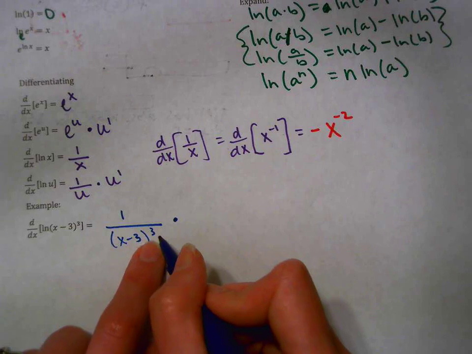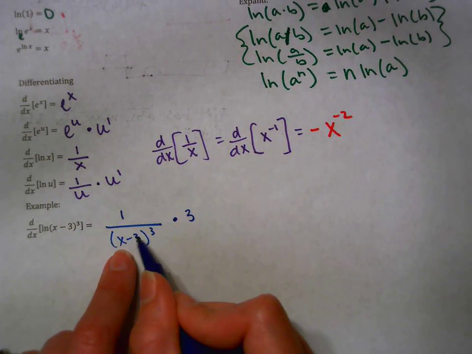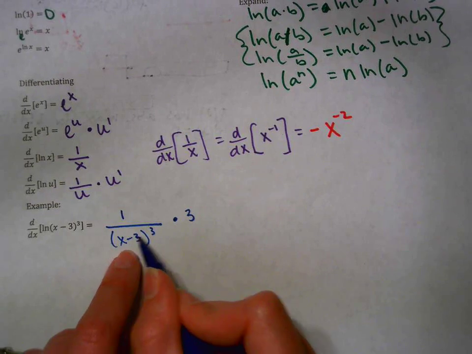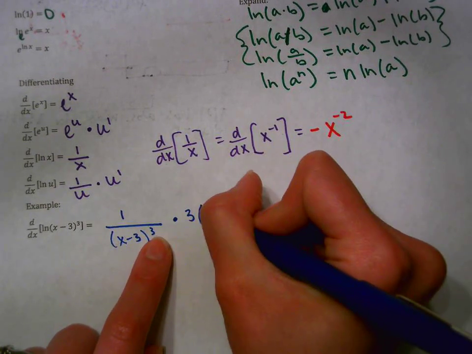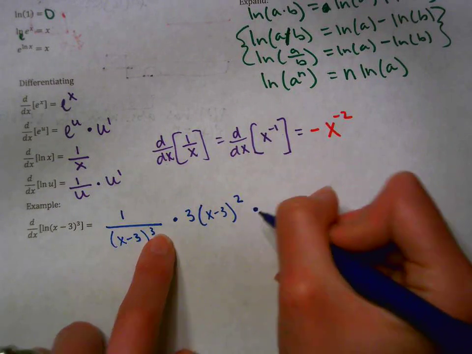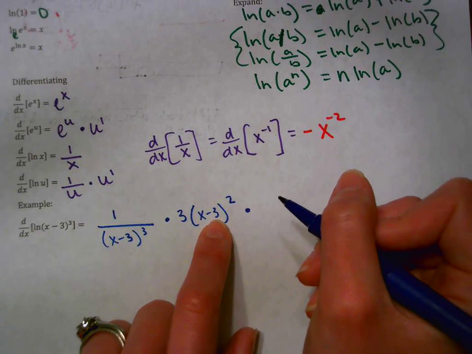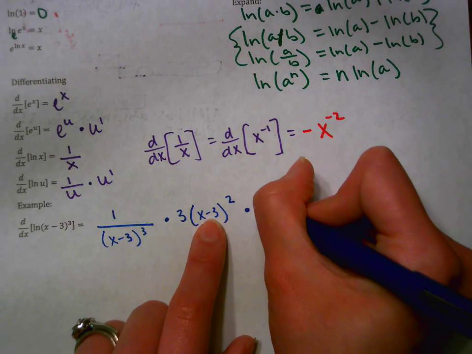So now we're going to bring the 3 to the front, which again, you're still using chain rule, because you still have something, the x minus 3, inside something else, the cubic. So we bring the 3 to the front, keep the inside the same, to the power of 2, and now you can do the chain rule one last time. The derivative of x minus 3 would just be 1.